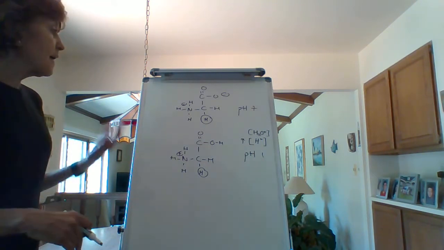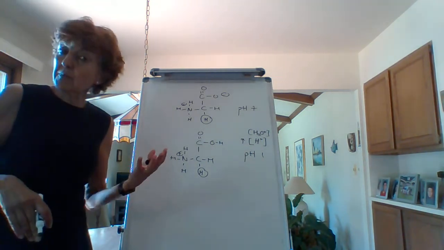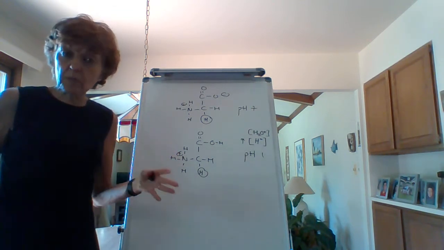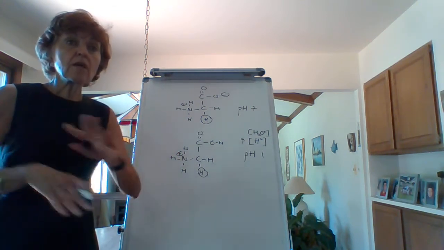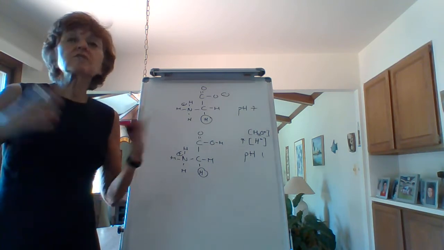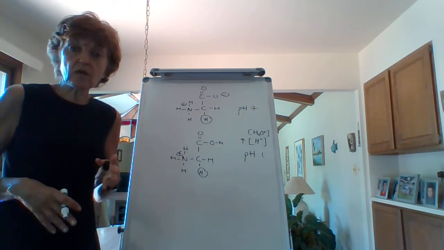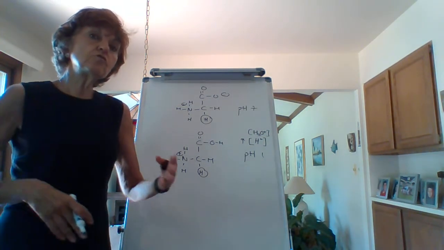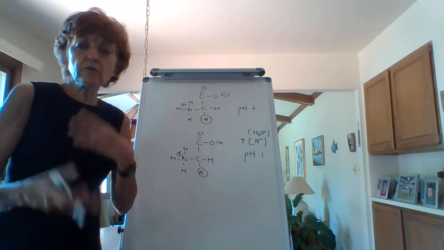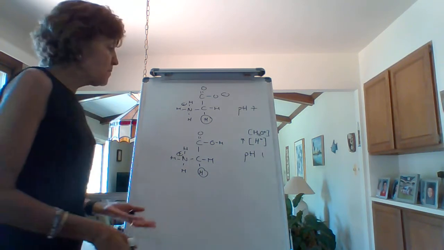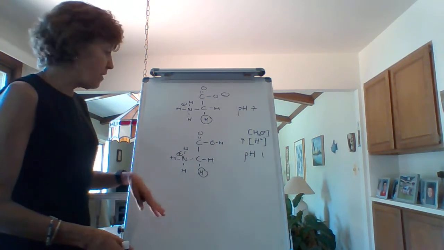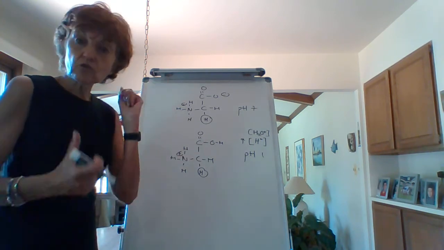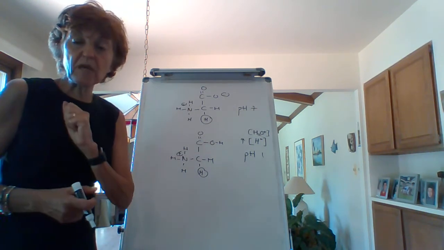Okay? Now let's say I'm at a very high pH. Let's say pH 12 or pH 13, super high pH, very basic. Imagine lots and lots of hydroxide ions, okay? So in order to relieve the stress of all those hydroxide ions, one of the hydrogen ions in this is going to leave and try to neutralize the hydroxide to make it water.